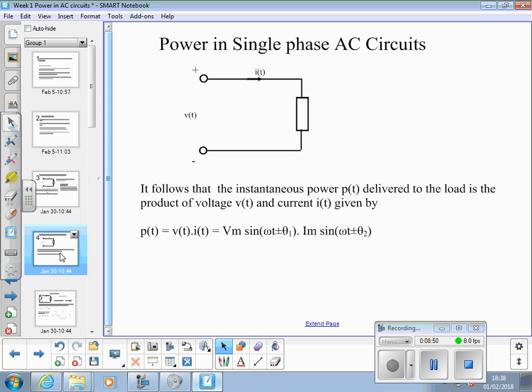So it follows from the earlier bit, the instantaneous power, p at time t, delivered to a load, is produced as a product of voltage and current. So that's the instantaneous voltage multiplied by the instantaneous current will give us, at any point, the instantaneous power.